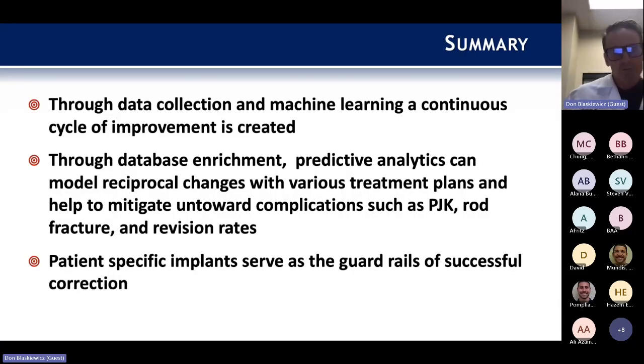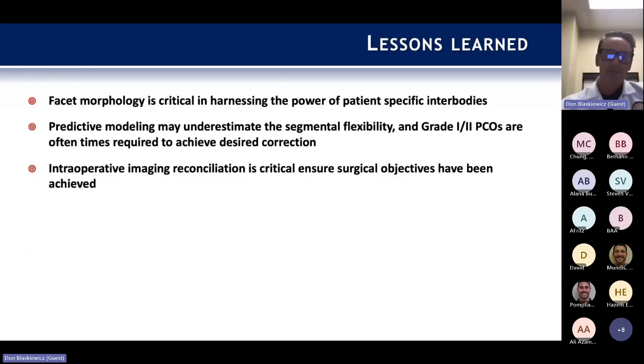And so in summary, through data collection, machine learning, and a continuous cycle of improvement created through database enrichment, predictive analytics can model reciprocal changes with various treatment plans and help to mitigate untoward complications such as PJK, rod fracture, and revision rates. Patient-specific implants can serve as the guardrail of successful surgery, but I wouldn't rely on them completely.